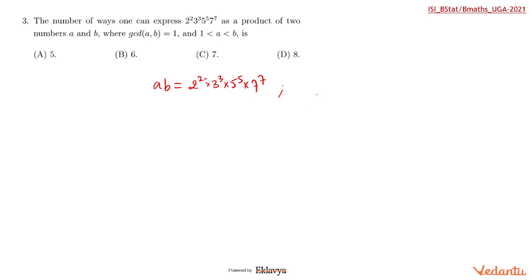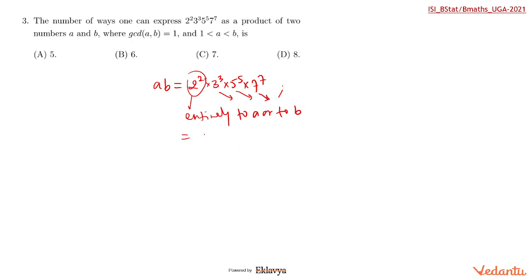So here, what are the possibilities for A? 2 squared will go either to A or to B entirely. Similarly for the others.